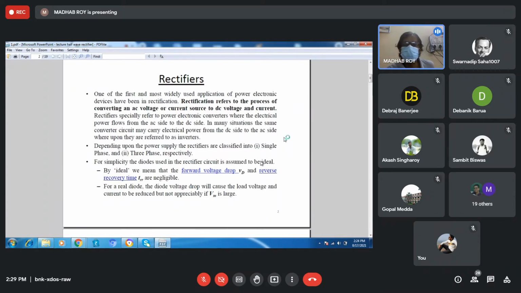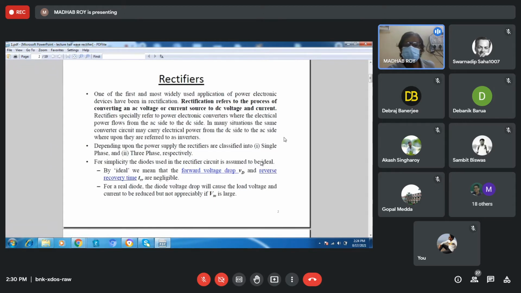Rectifiers specially refer to power electronic converters where electrical power flows from the AC side to the DC side. In many situations, the same converter circuit may carry electrical power from the DC side to the AC side. That means the reverse. Then that is referred to as an inverter.